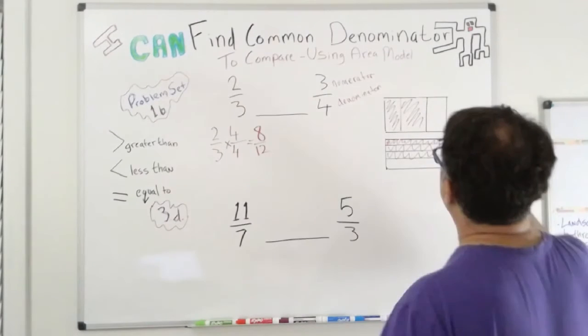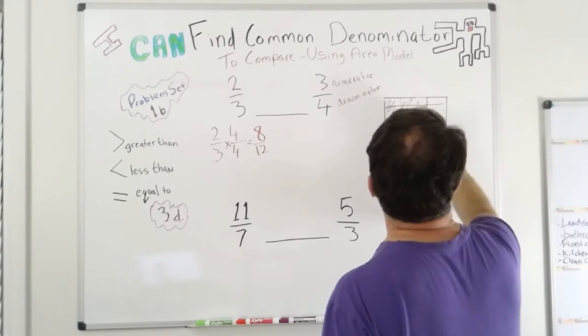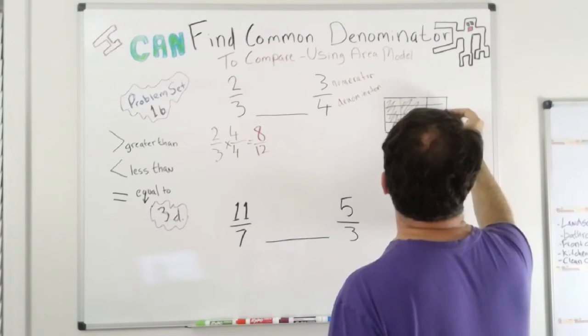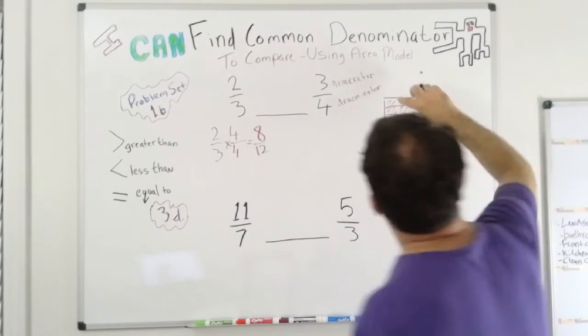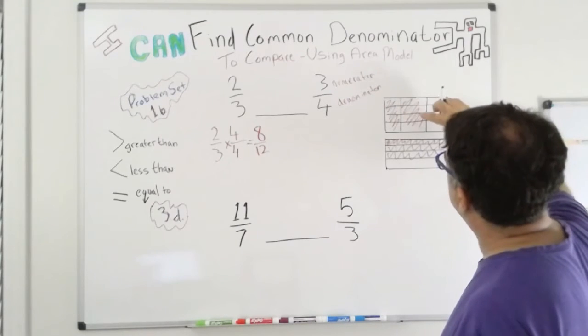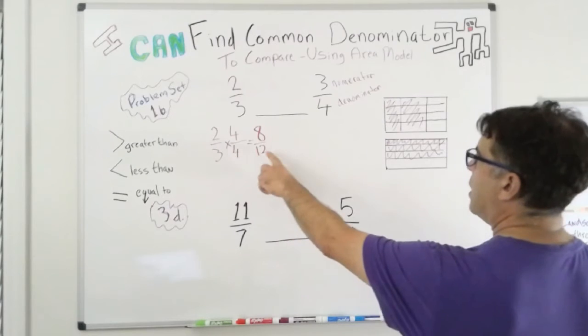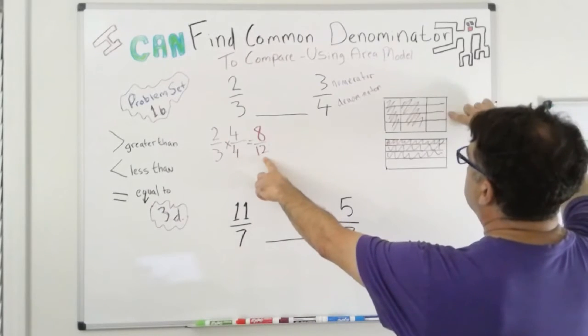Okay, so I have 1, 2 spaces, 3 spaces, 4 spaces. So now I have 1, 2, 3, 4, 5, 6, 7, 8 out of 12. So 2/3 becomes 8/12 if you multiply it times 4.